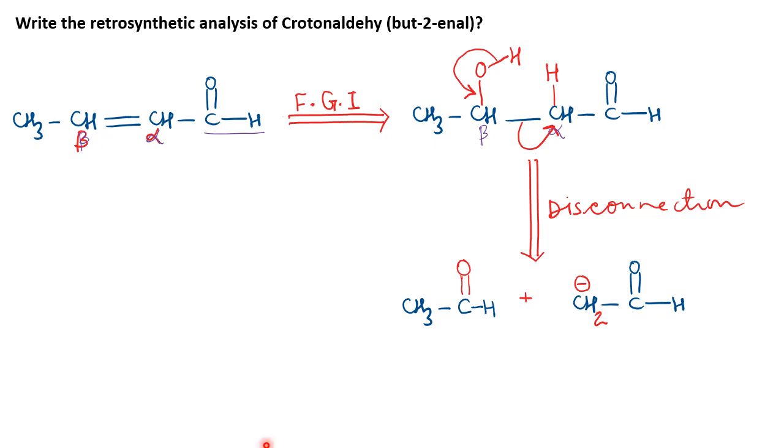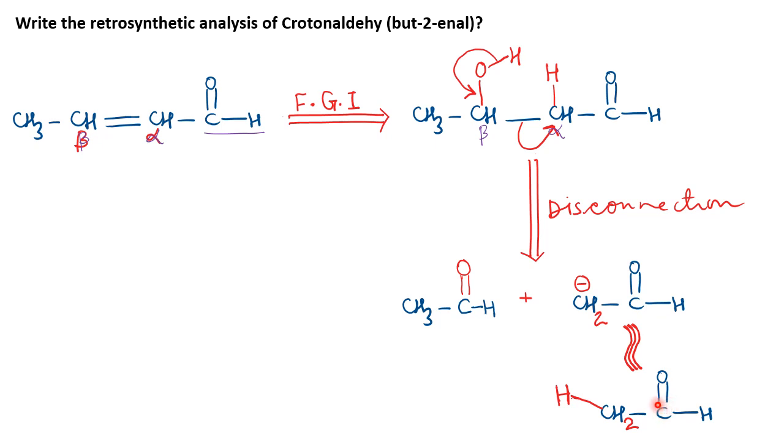Out of these two synthons, one is stable, the other one is unstable. For the unstable synthon, we should find the synthetic equivalent, and that will be nothing but an aldehyde again, which we get by addition of a proton. So on this CH2 we are adding a hydrogen, and we get again acetaldehyde.